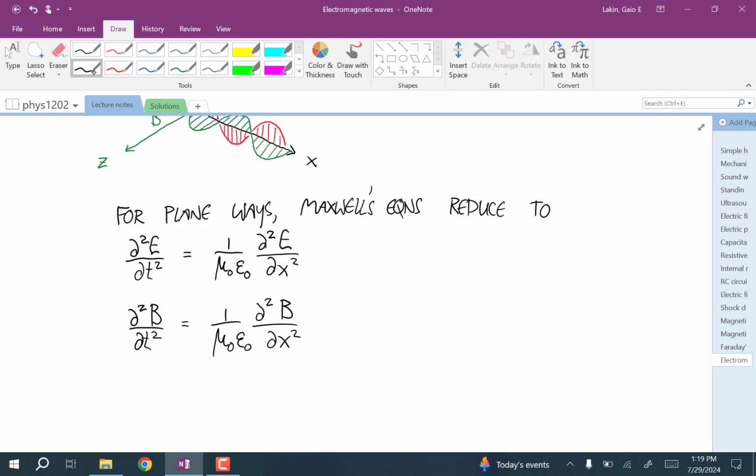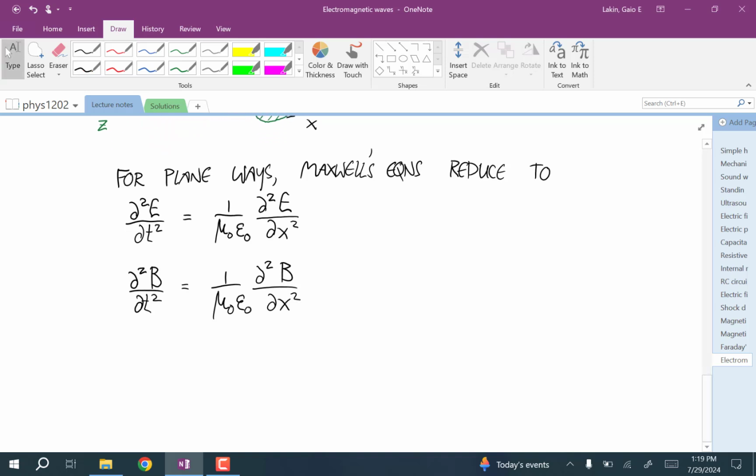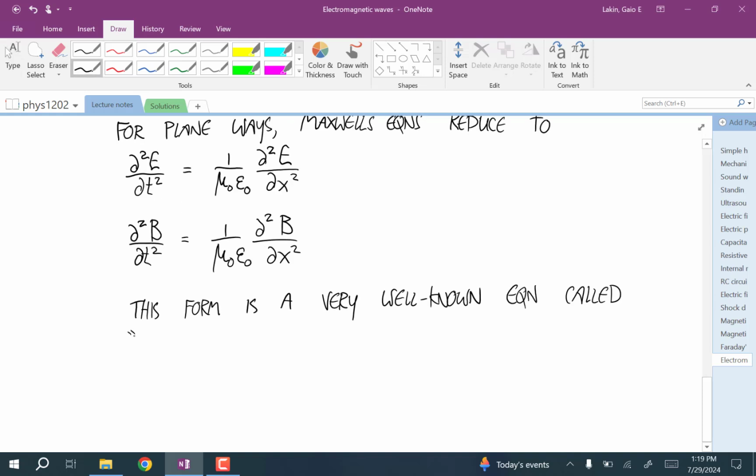And those just fell out of the equations when people thought about them the right way. And this form is a very well-known equation called the wave equation. It was already called the wave equation. And so this is an equation that describes wave motion.